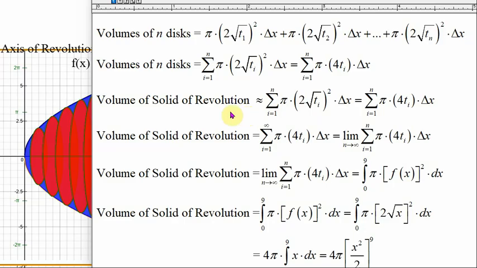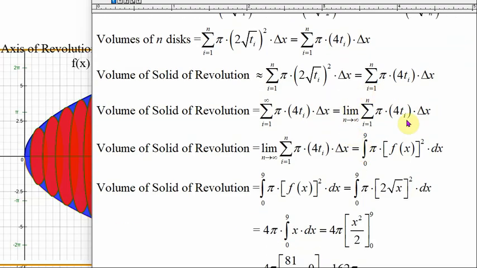Now if we want the exact volume of the solid, then we need to divide the solid into an infinite number of slices, meaning we let n run to infinity. With n running to infinity, we would write it as the limit of this sum with n approaching infinity.